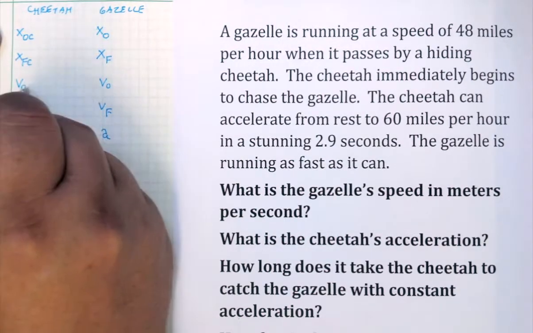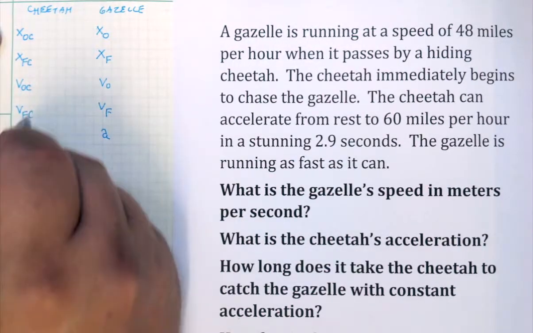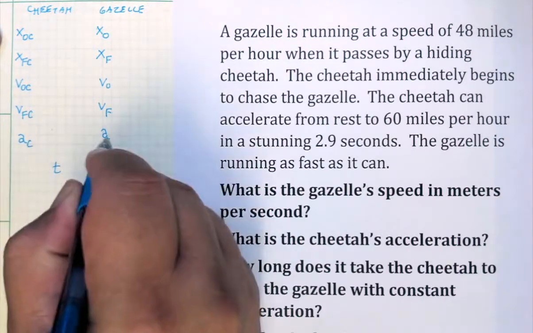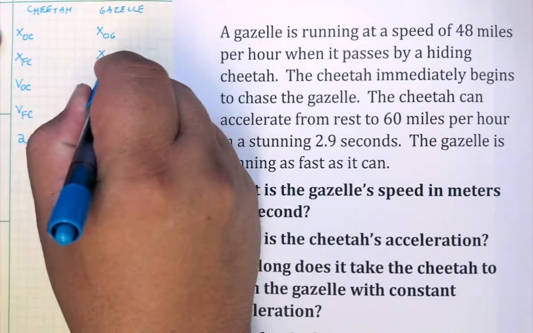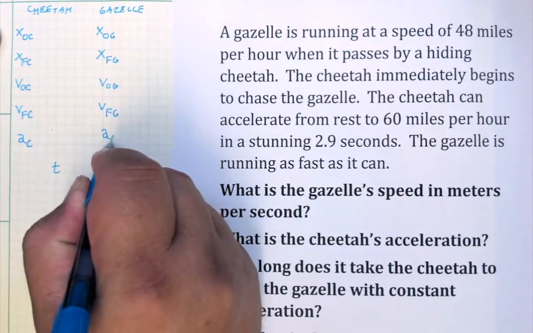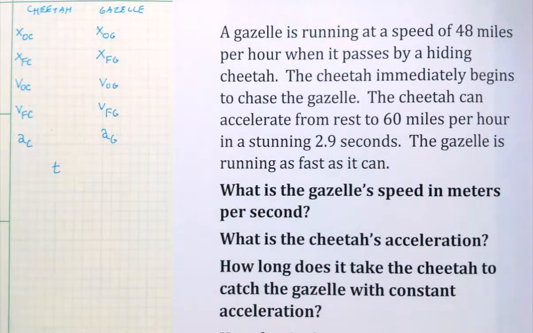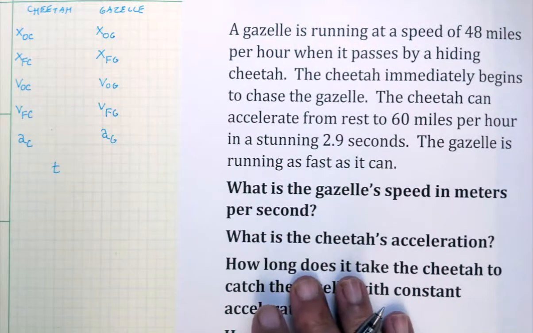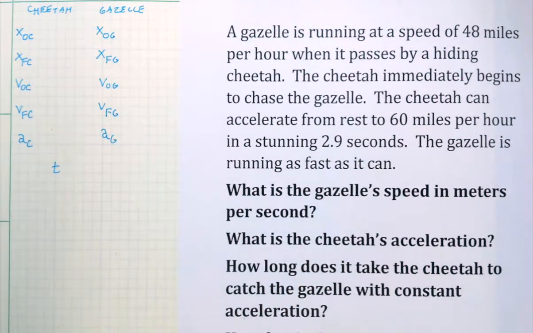And so I'm going to add another subscript to these so that we can keep the data for the cheetah and the data for the gazelle separately. It's very important that we do this because we cannot mix the data. Notice I have not put a subscript by the time because the time will be the same for both of them.